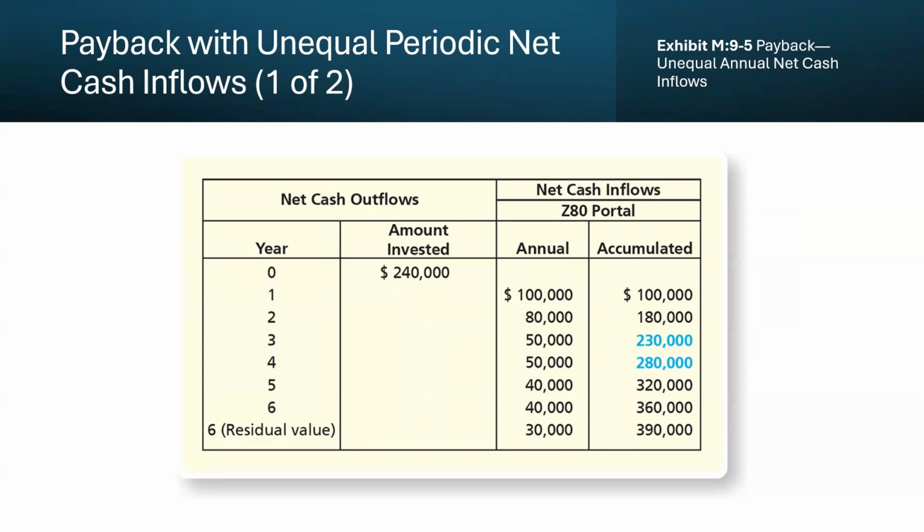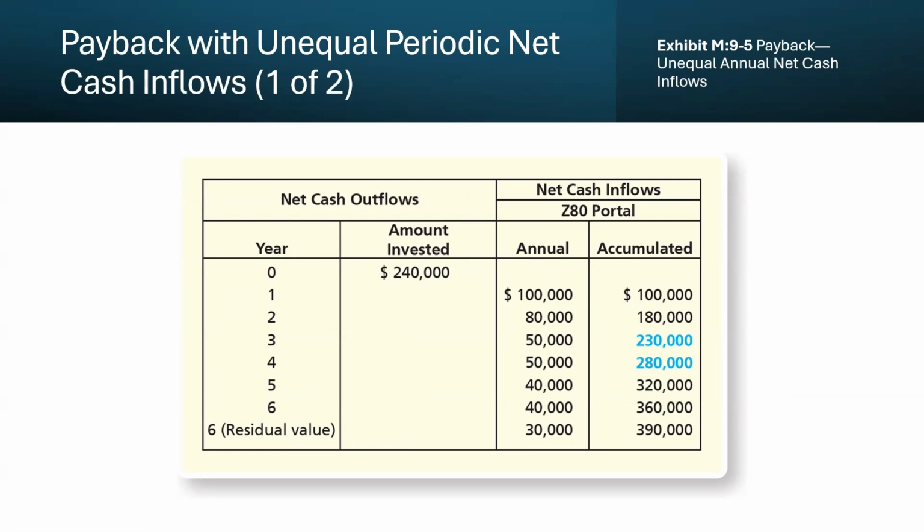So by the end of year 3, the company will recover $230,000 of the initial $240,000 investment, leaving only what? $10,000 remaining.